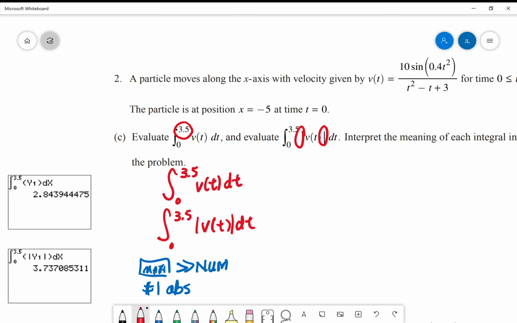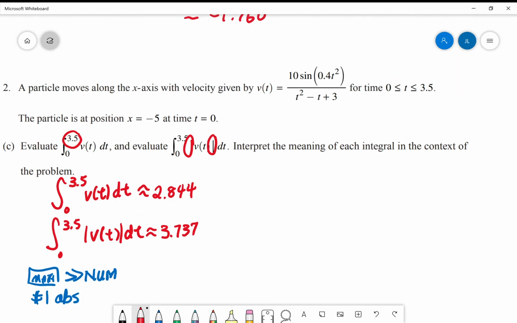The first one, without absolute value, we have 2.844 rounded to 3 decimal places, and 3.737 with absolute value around the v of t. What do those integrals mean? Well, the first integral we have already discussed in part B. This is really the displacement or the net change in position.